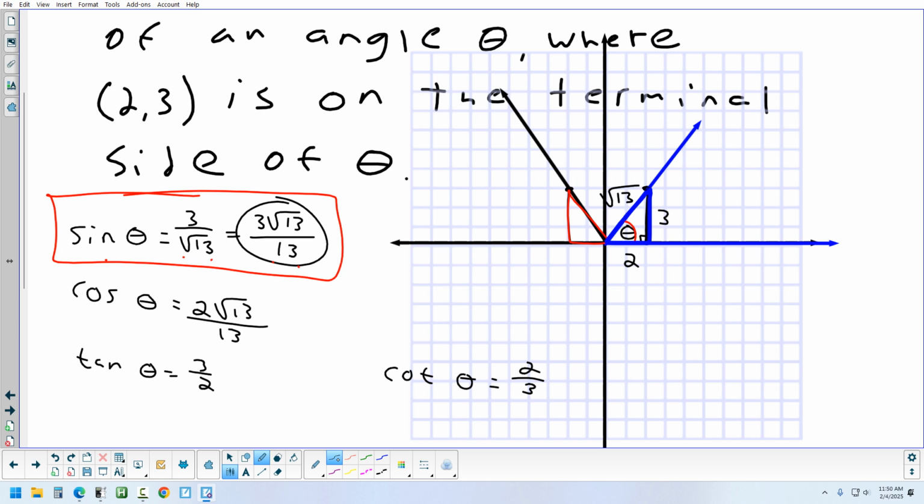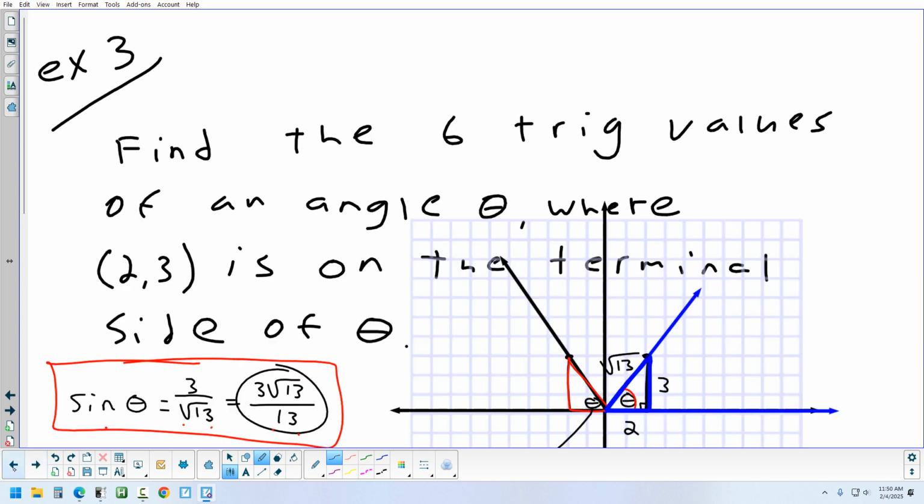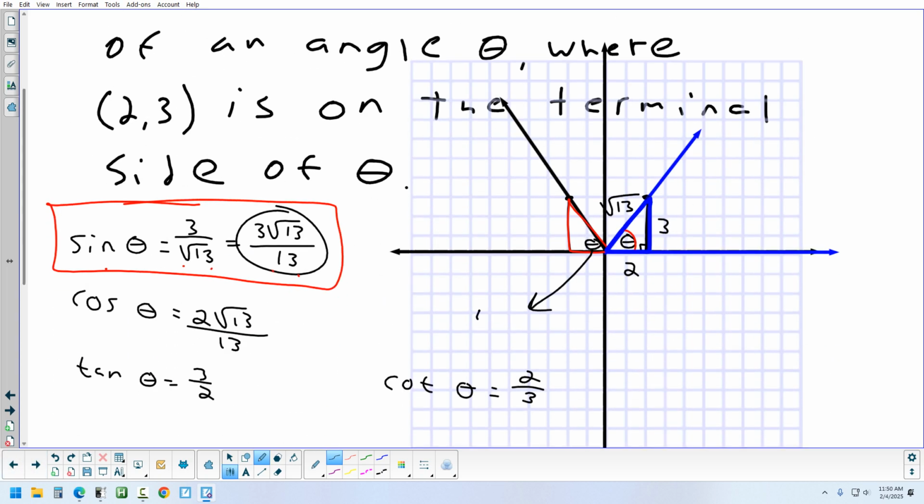Okay? This reference angle is mirrored to right there. That's still your reference angle. How big is that angle right there? The same. It's 56.31. The difference being in quadrant 2 is now the entire angle is from there to there. When this was our reference angle, that was the entire angle.